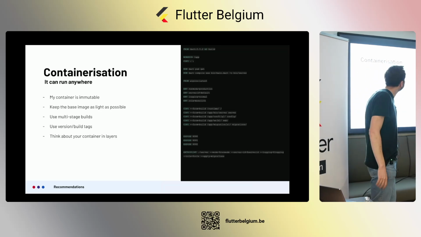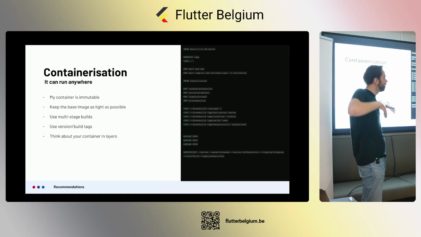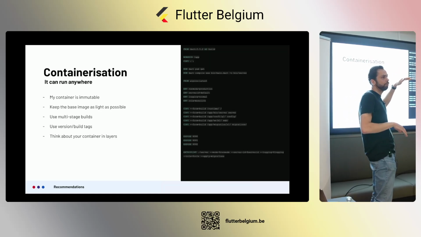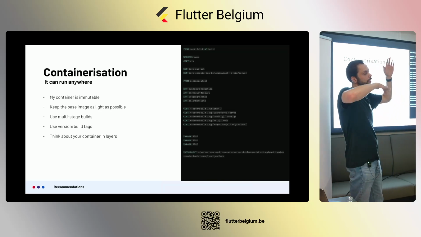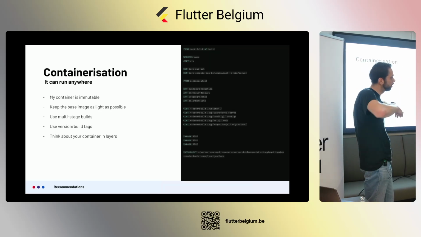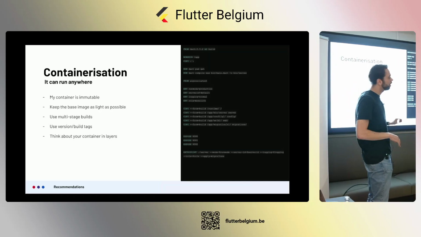You could say, I'm not using Dart, but I'm using full Ubuntu as my base image, and you install Dart on that. But then if there's a vulnerability in Ubuntu, your container is also impacted. So you always want to keep that as small as possible.